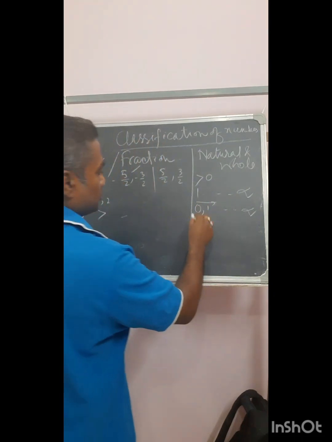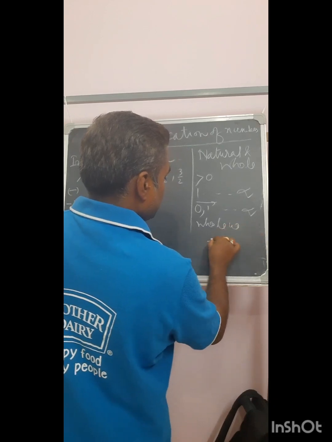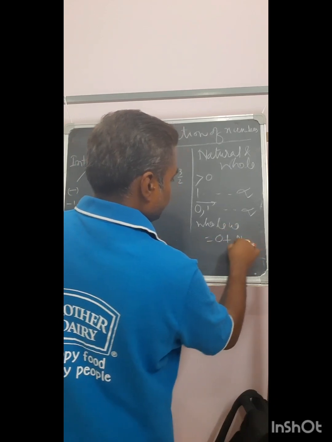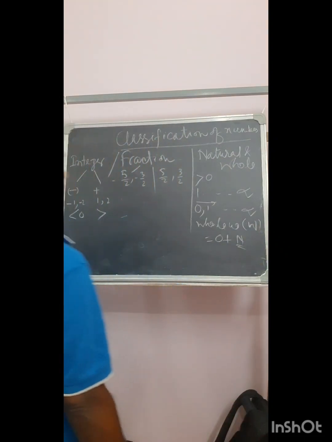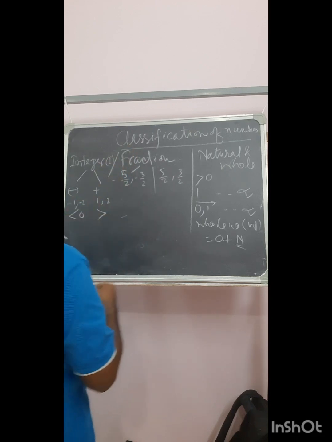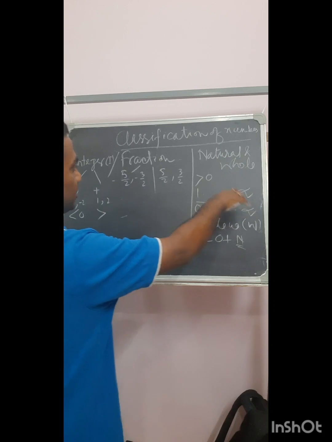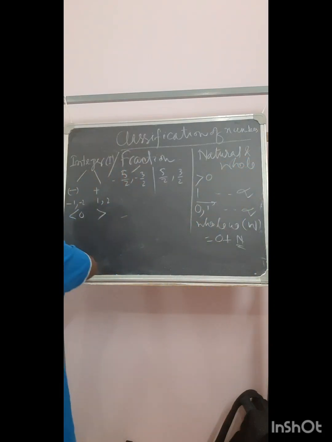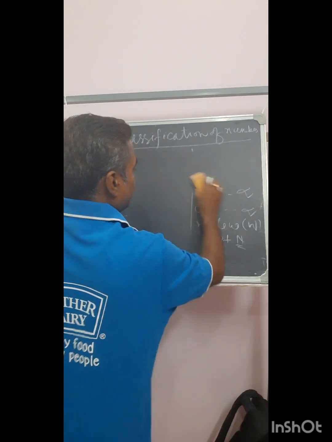So you can say that the whole number is nothing but 0 plus natural number. Whole number is denoted by W, whereas natural number is denoted by N. Integer is also represented by I, and fraction is fraction. So these are the second kind of differentiation, whole number and natural number. I will come to their properties later on. Just for familiarization, I am saying the different kinds of numbers.